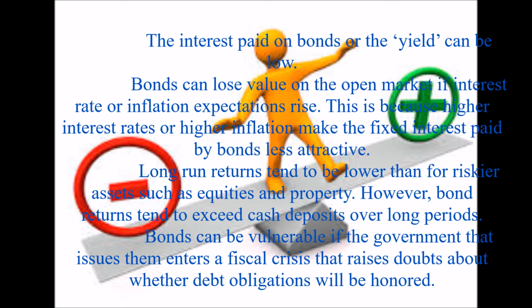Bonds can be vulnerable if the government that issues them enters a fiscal crisis that raises doubts about whether debt obligations will be honored. Although government bonds have advantages, it is really good for us to know about government bonds before buying them for the future.